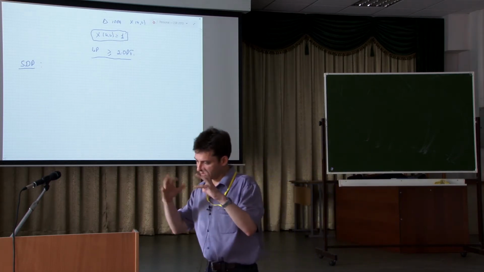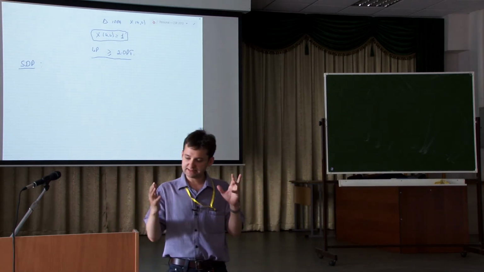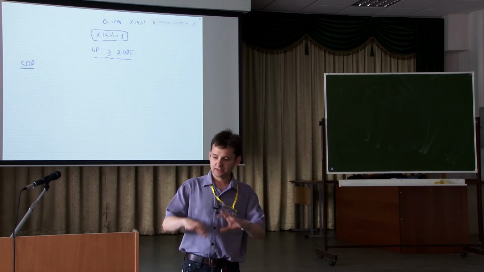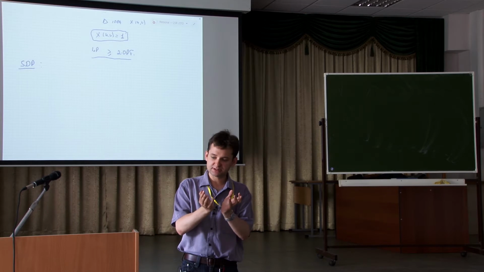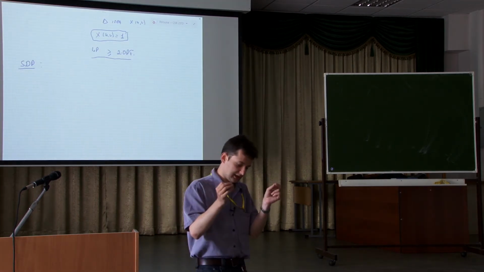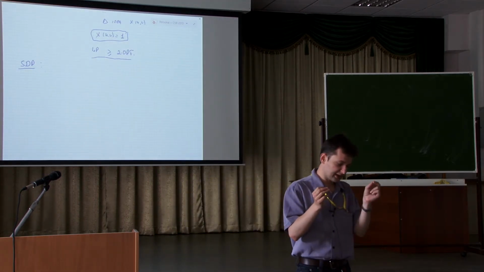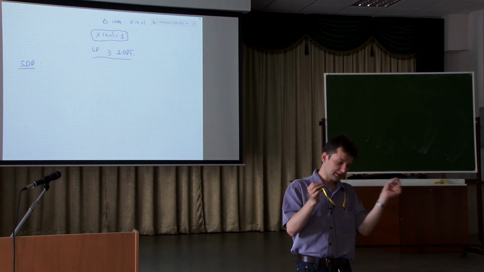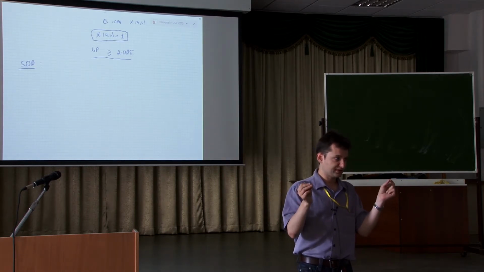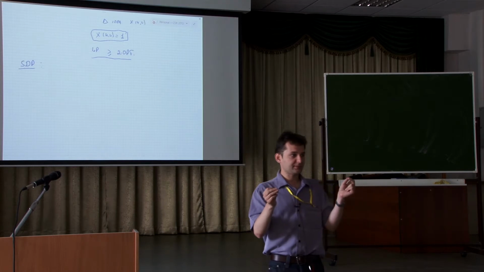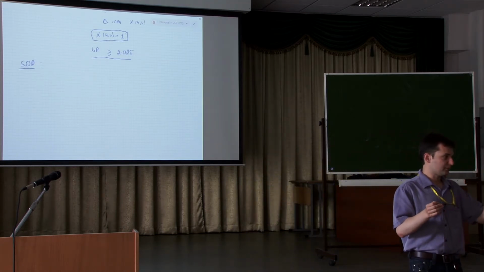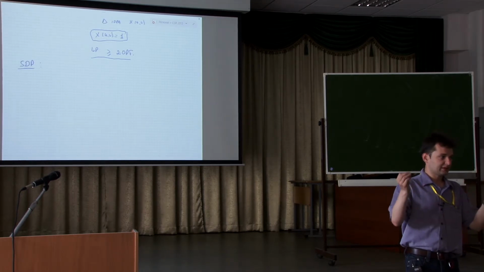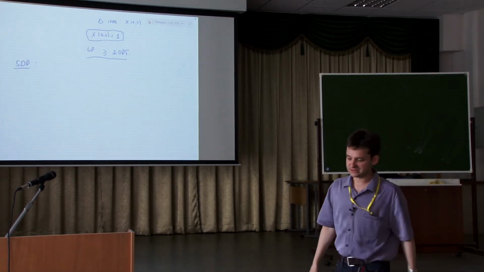So let's put the graph on the sphere and see what the stable position of these vertices is. We hope that all vertices in the end will be either at one pole or the other pole of the sphere, and so we'll get a perfect solution. One set is those vertices that are at one pole of the sphere, and the other set is the vertices at the other pole.